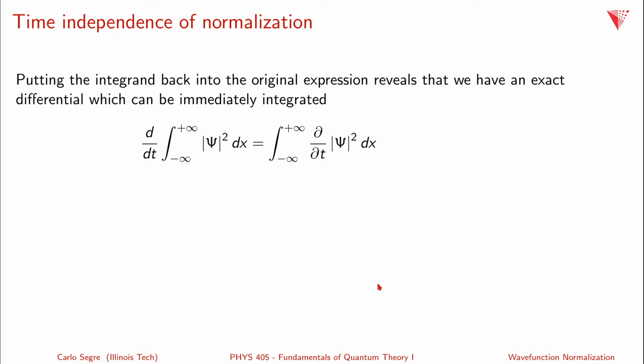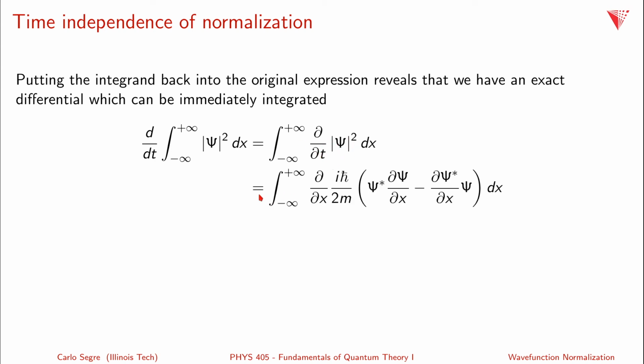So if we now put this integrand back into the original expression, we have d/dt of the integral of the modulus of ψ squared dx becomes the partial with respect to t inside the integral, but we just found that this becomes exactly the integral from minus infinity to infinity of the partial with respect to x of iħ over 2m times this quantity here, ψ* partial ψ with respect to x minus partial ψ* with respect to x times ψ, dx.